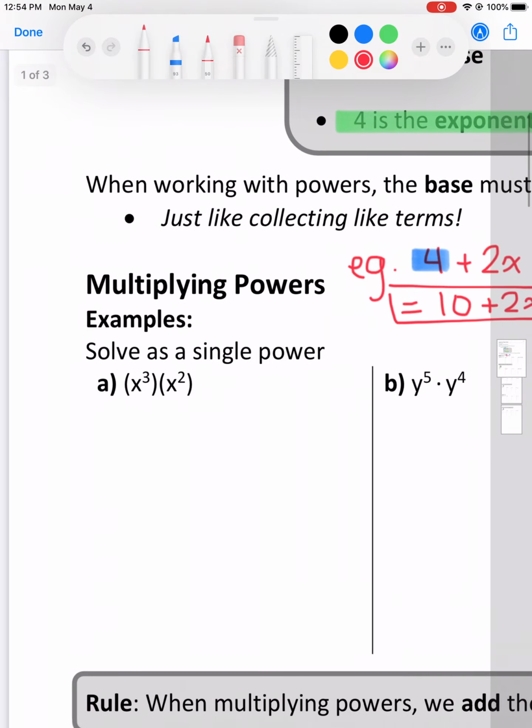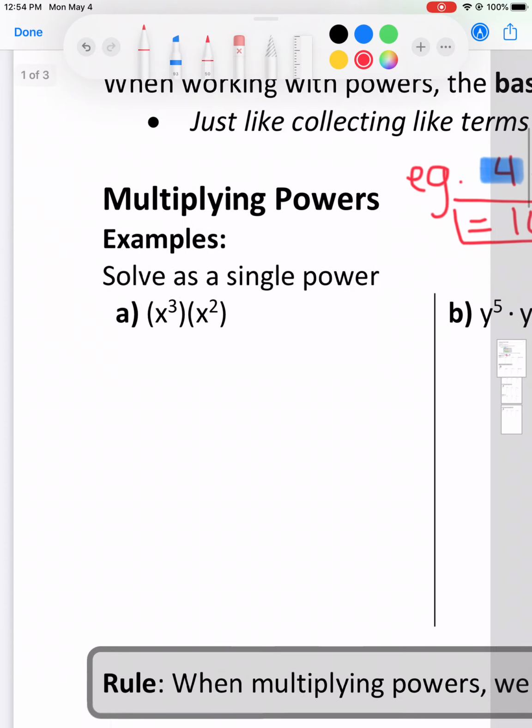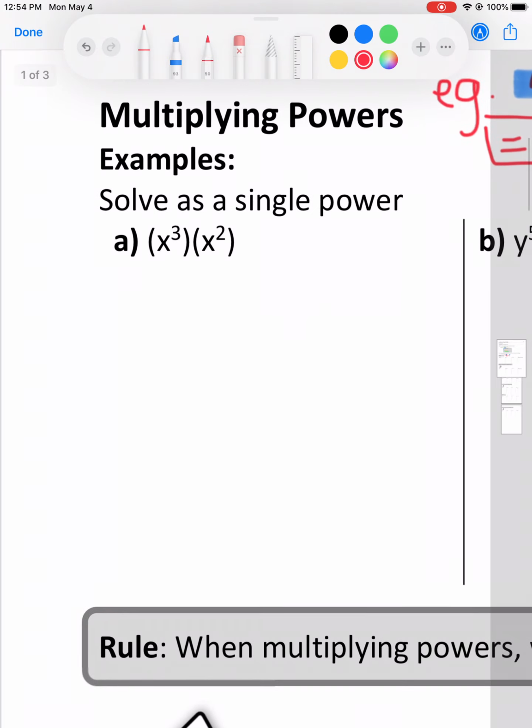So, solve as a single power. What does this mean? What does this look like? If we have x to the power of 3, it actually looks like this: x times x times x. Remember, this dot means multiply.